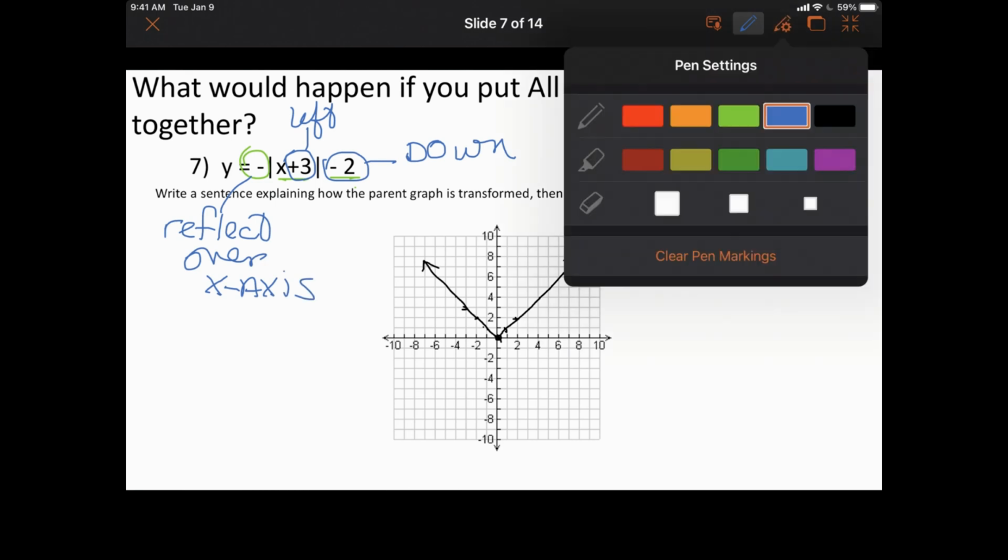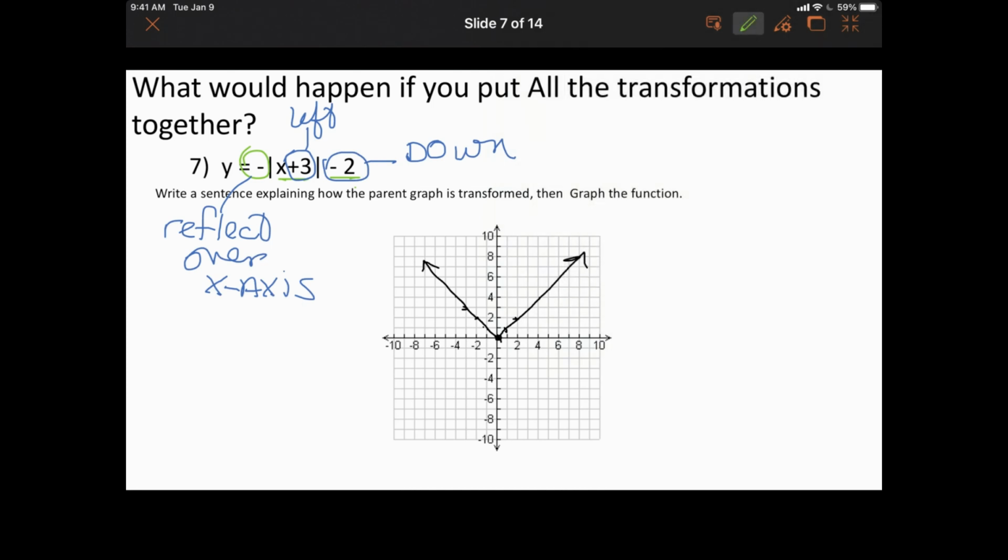So I'm going to take that vertex point and do what it says. I'm going to move that vertex 3 to the left, 1, 2, 3, and down 2, 1, 2. Because I have a negative in front, I know it's going to go down. Because I know the shape of the graph, and it goes 1 by 1 by 1, right?